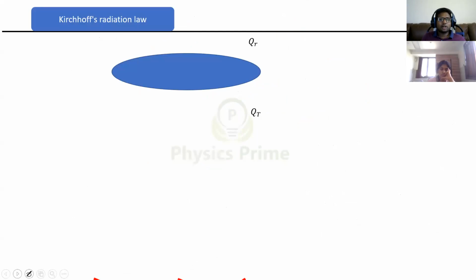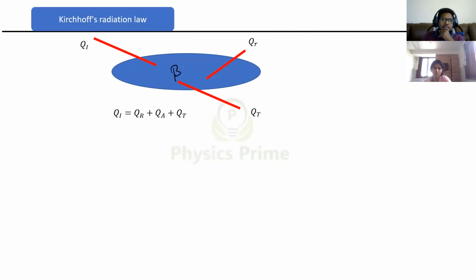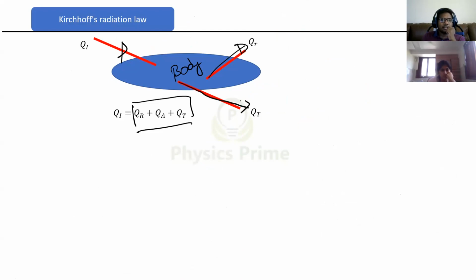So now Kirchhoff's radiation law, what it is saying we'll see while going ahead. Kirchhoff is another scientist who has given some laws in radiation. If a body is there and some energy is incident on it, that is QI, then that energy can be split into three forms. One is some energy is reflected. Some energy is transmitted through the body and some energy is absorbed in the body.